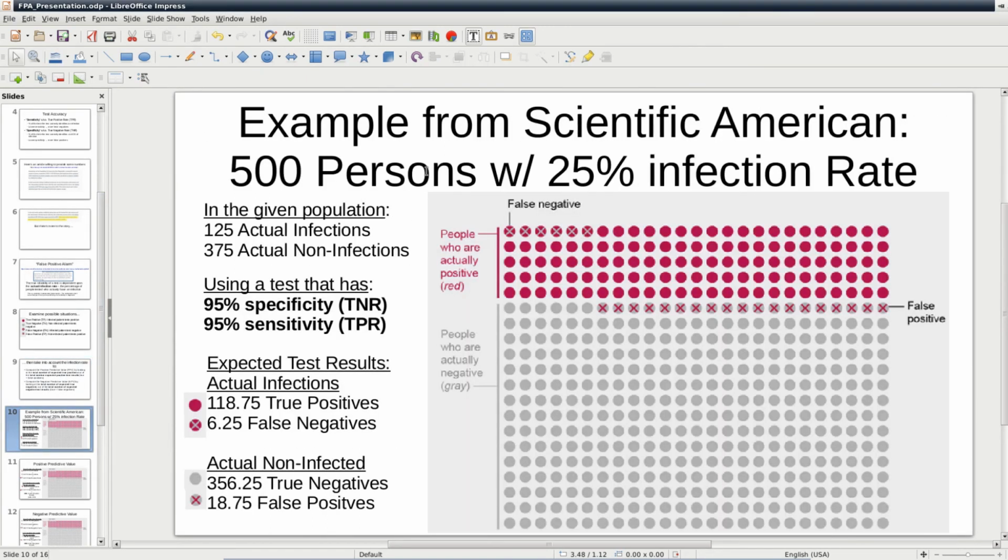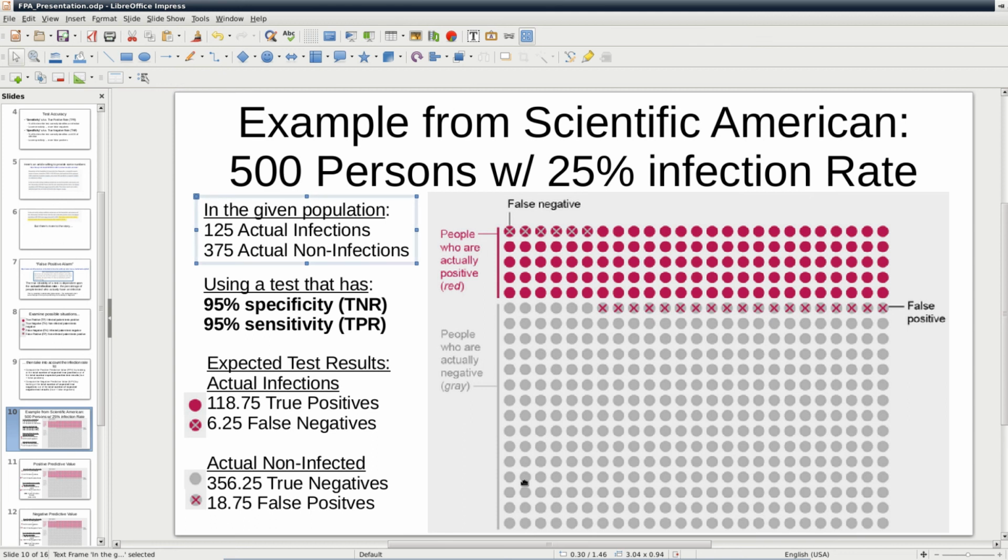Okay, so the example that's given in the article is a population of 500 persons with a 25% infection rate. We do the math: 25% of 500 is 125 people who are actual infections, and the rest are 375 people who are not infected.